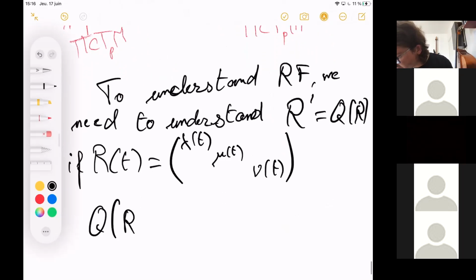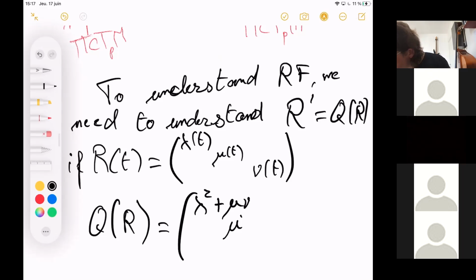Then what is Q(R)? It's lambda squared plus mu nu, mu squared plus lambda nu, and nu squared plus lambda mu.